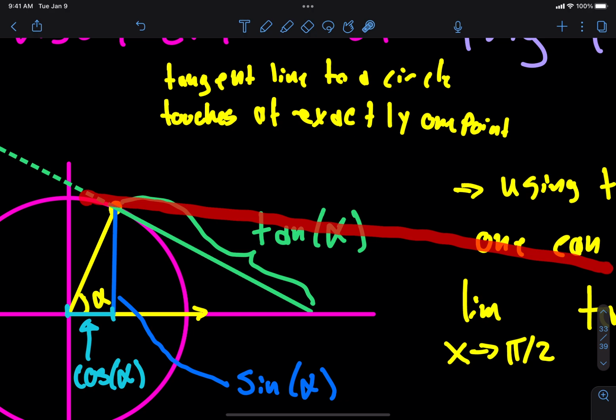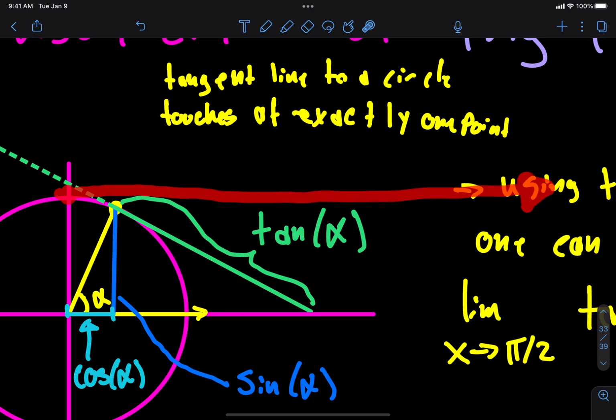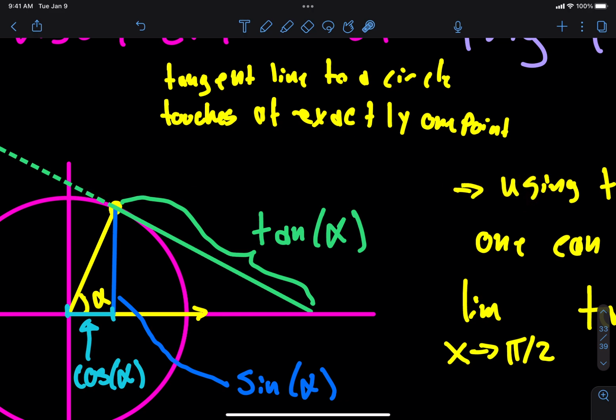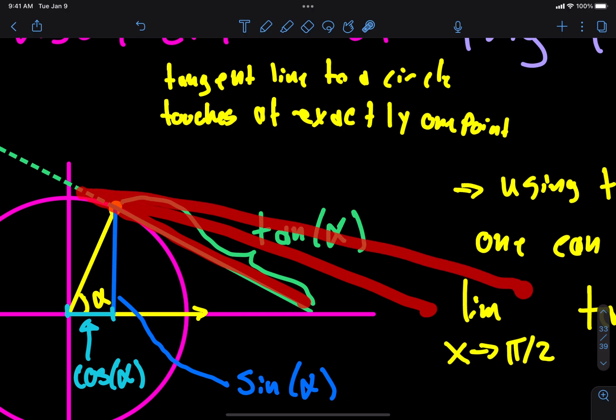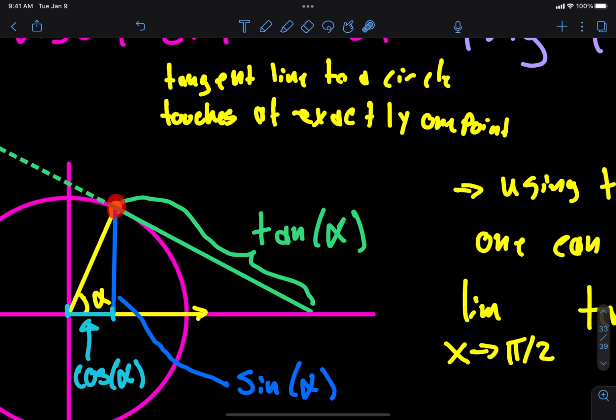Well, what's going to happen when I'm exactly tangent like this and I have a horizontal line? When is this horizontal line going to touch the x-axis? Never. Horizontal lines don't touch the x-axis unless they are on top of the x-axis, okay? So this is why you can imagine this line segment is going to get very, very long as the point of tangency approaches this point on top of the circle.